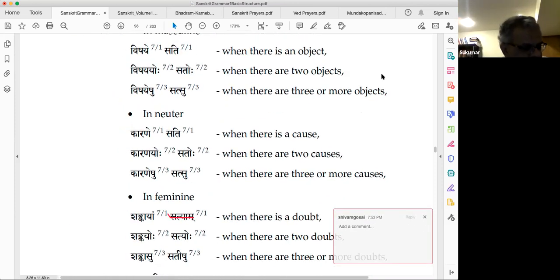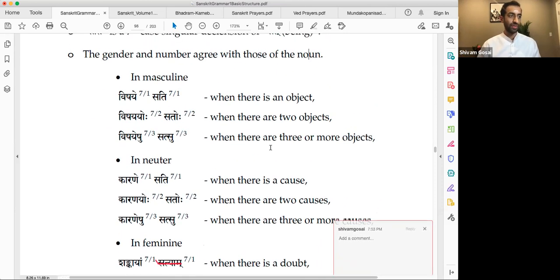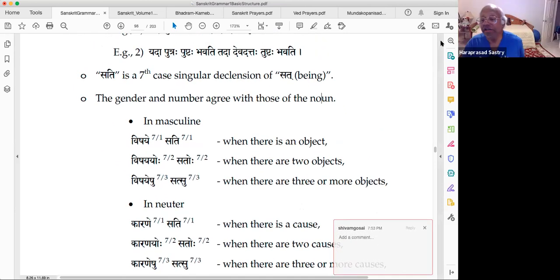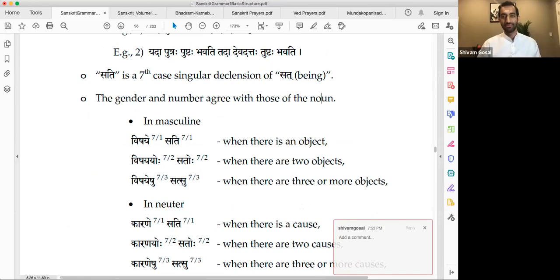So how do you recognize whether it's truth or sati saptami? You have to look at the form. Is it truth or is it sati saptami? How do you make out? It is samanadhikaranam.